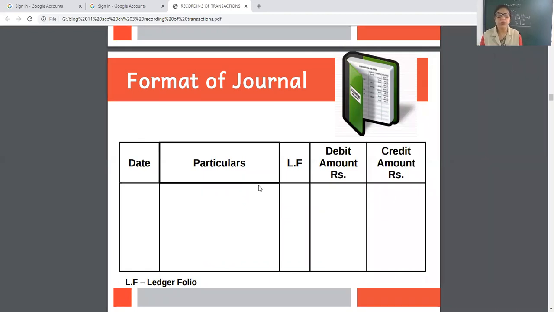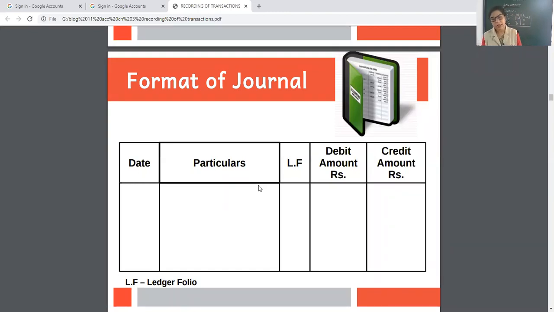Like you students have a scholar number in school, which is a unique number, in the same way ledger folio is used for the different accounts for summarizing and classifying these journal entries.